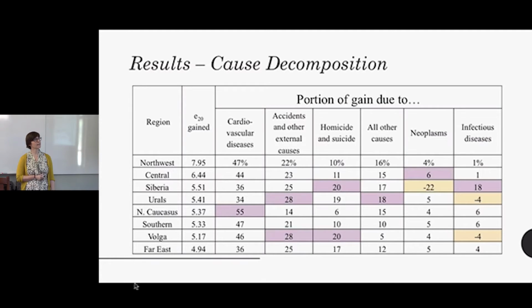Accidents and external causes, very important in most places as well. And this is sort of a drinking-related thing, of course. Homicide and suicide is the third drinking-related cause that is also fairly important in a lot of these places. I should also mention that for these two, there's probably a little bit of heterogeneity in the way these causes are coded.